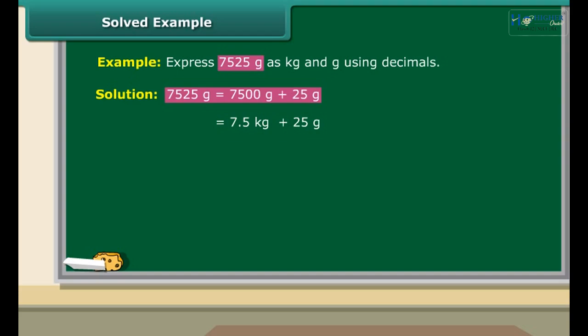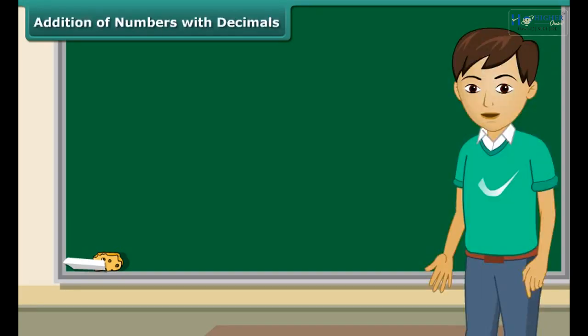This can be expressed as 7.5 kg plus 25 upon 1000 kg. Therefore, 7,525 grams are equal to 7.525 kg.